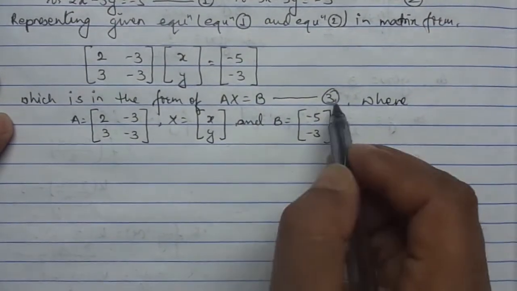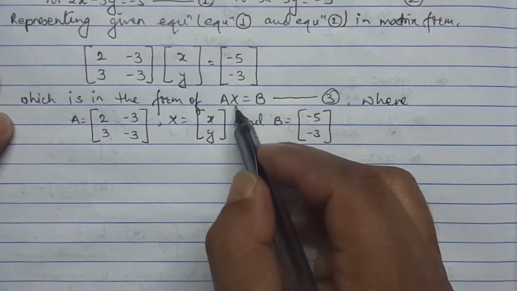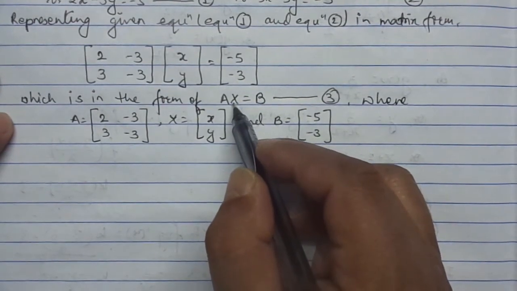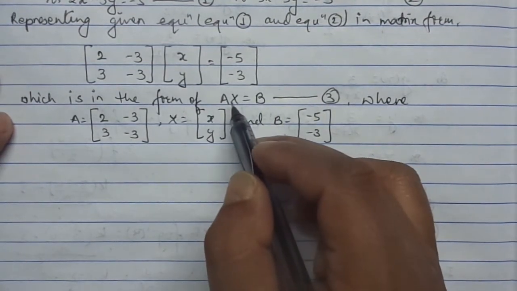Now see this equation 3, AX equals B. We need to find the value of x, y, meaning we need to find the matrix X, so we need to pre-multiply equation 3, AX equals B, by A inverse.